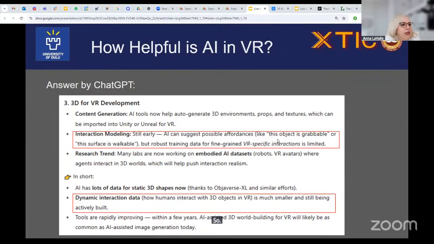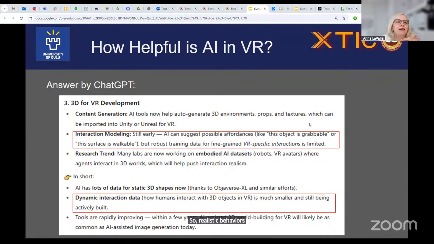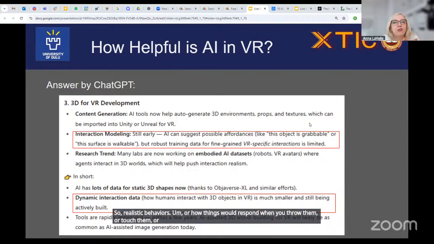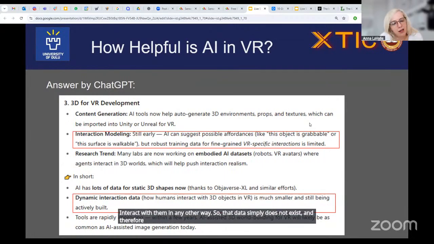So grabbing objects, touching objects, any kind of objects that are moving in any realistic way. So realistic behaviors, or how things would respond when you throw them or touch them or interact with them in any other way. That data simply does not exist, and therefore AI cannot help you with it.